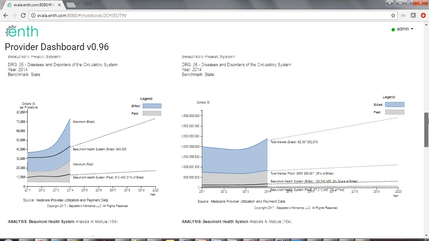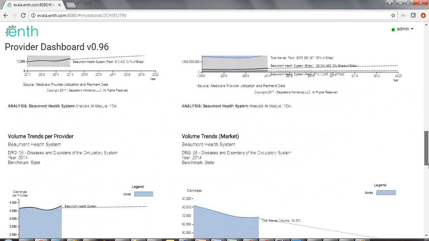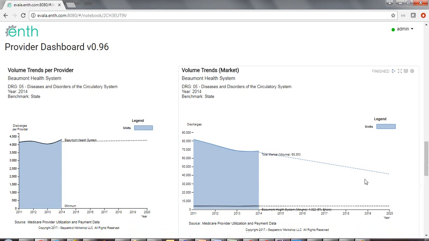This is kind of opposite of what we're seeing here. We're seeing the market, as far as dollars, is going to continue to grow, yet the volume is going to decline over time. So Beaumont looks like their numbers are going to hold pretty steady, but I would be very concerned if I was one of the other hospitals in this particular set of benchmarks, the state of Michigan, if there's going to be more pressure on the market volume-wise.